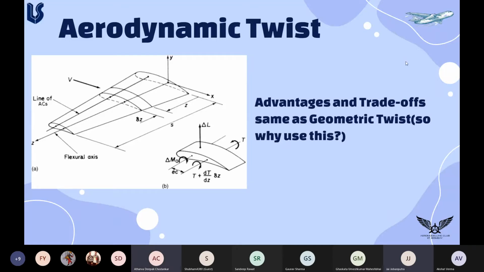In geometric twist, the tip is at a different angle, but over here, what is the twist? Yeah, the airfoils are different. We started at the root with one airfoil, and at the end, the airfoil changed. Oh, the section of the airfoil. Yeah, that changed. Oh, okay, so that is aerodynamic twist.